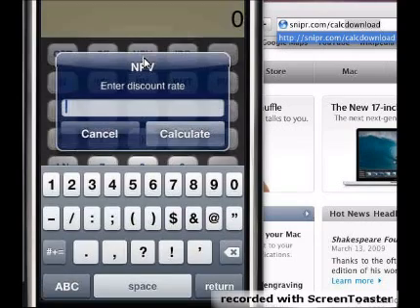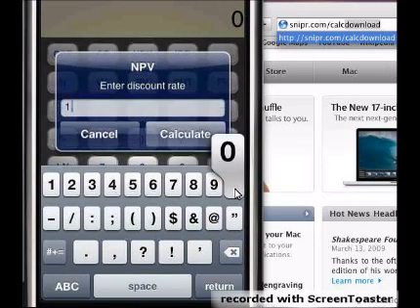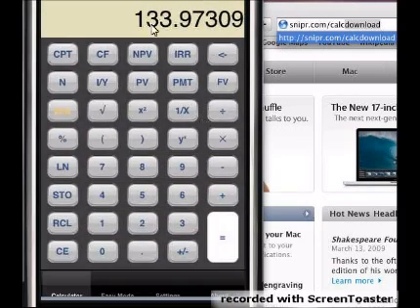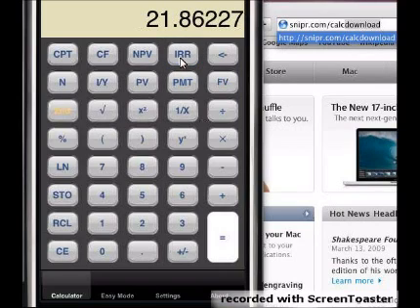So now let's calculate NPV. We say we want a 10% discount rate, and 133.97 is the NPV. If you want the internal rate of return, now that you have the cash flows, you hit this key and you will get 21.86.